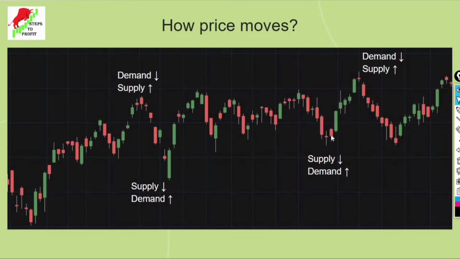Hence, the price of that particular stock is going to increase. While in this area where supply is more than demand, or that area is also known as overbought area, sellers come into the picture and start to sell the stock, leading to decrease in the price of that particular stock.